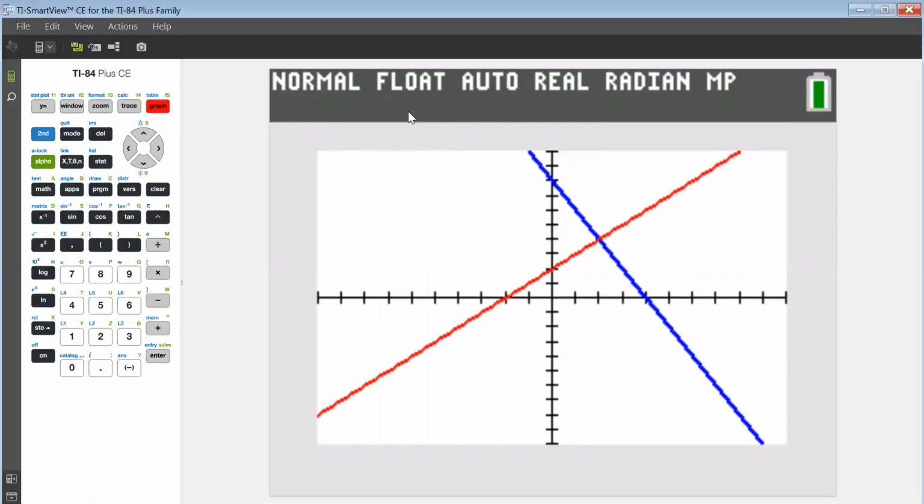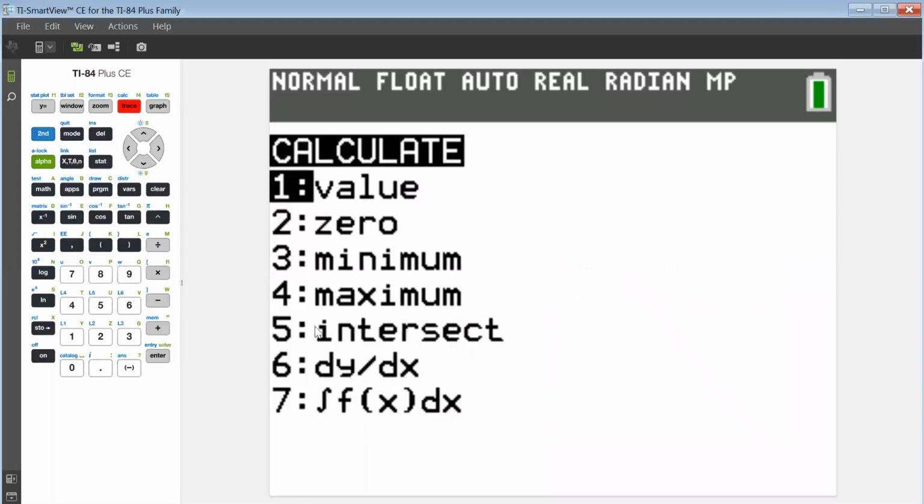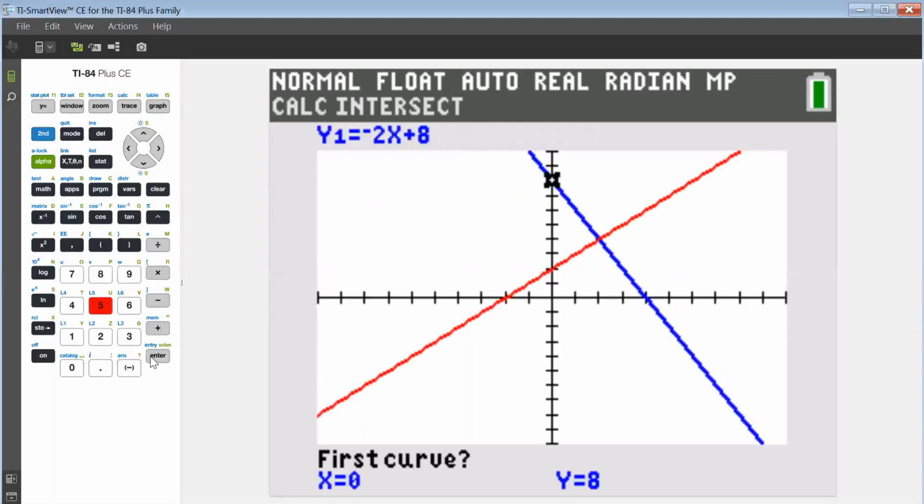They kind of look perpendicular, but they're not quite perpendicular. They do intersect. And second trace, go to 5, hit enter, and then as close as you can, which looks like it's going to be at 2, 4.